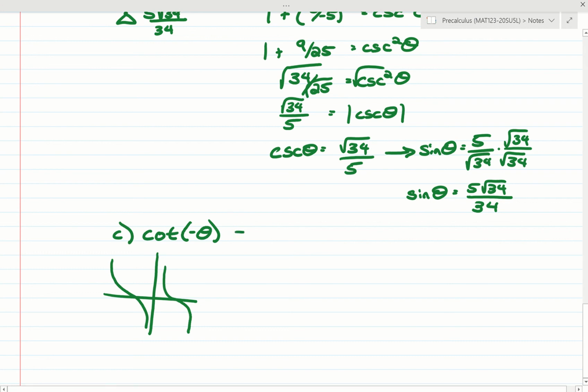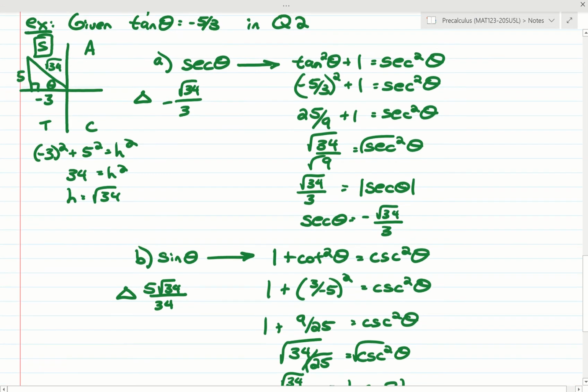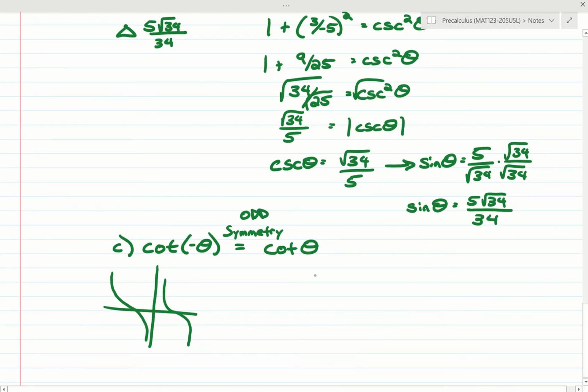So cotangent of negative theta, really using the symmetry of the graph, it has odd symmetry, which means if you plug in negative theta, you would actually just get the cotangent of theta. So if we know that tangent is negative 5/3, then the cotangent of negative theta would be 3 over negative 5.